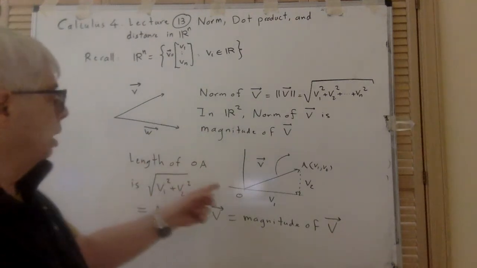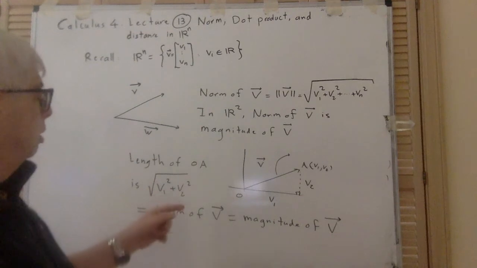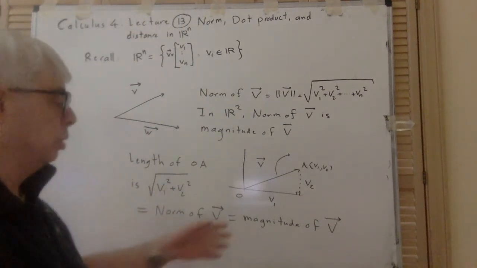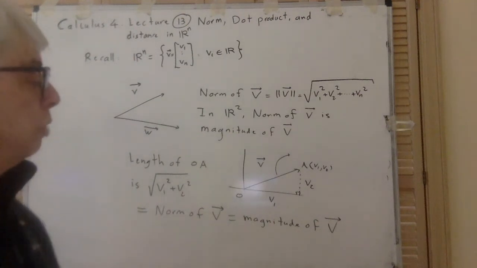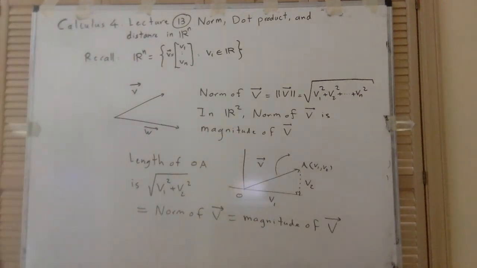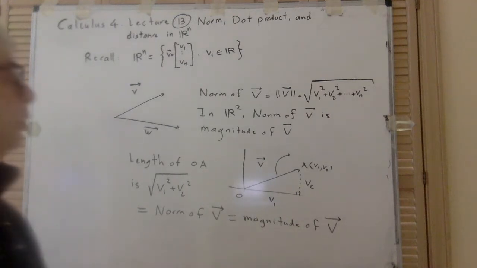And we see that the length of OA is this, and it's also norm of V, or magnitude of vector V. So using ideas from R2, we extend that idea into Rn, and we define norm of V.